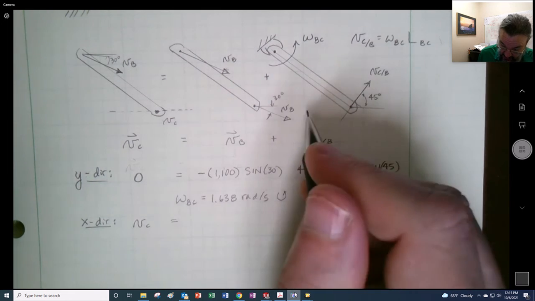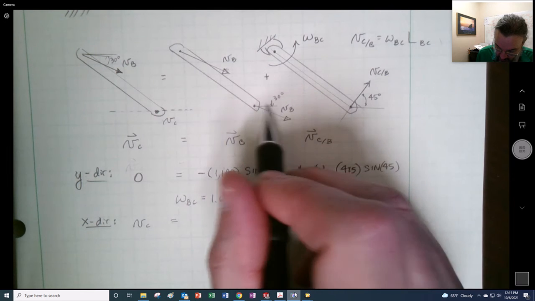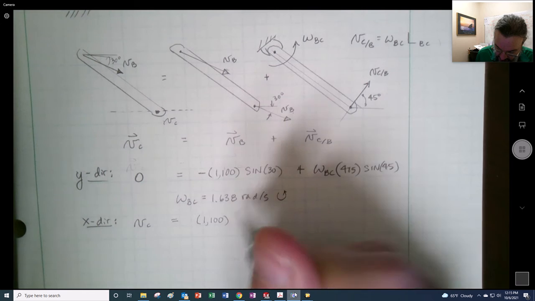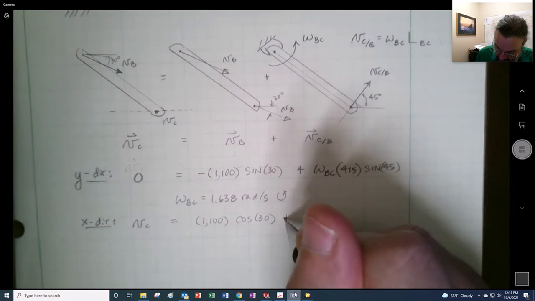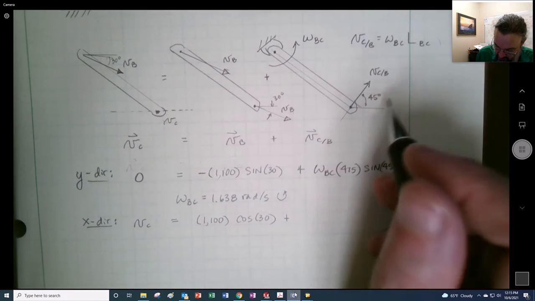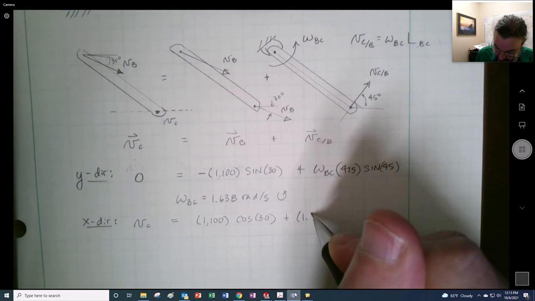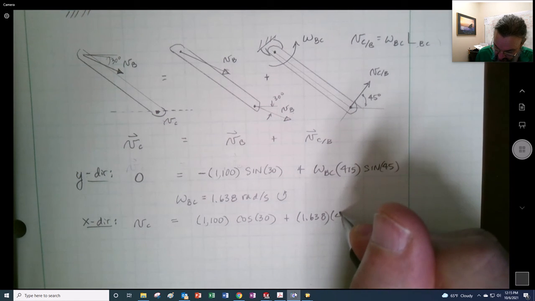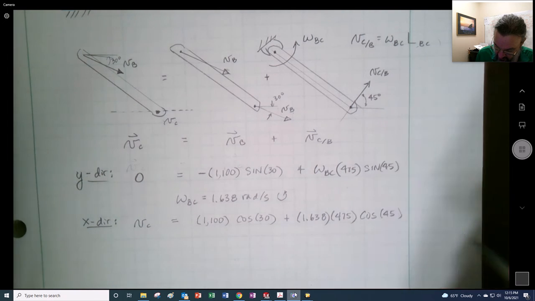It's going to be equal to the horizontal component of that, which is going to be positive 1,100 times the cosine of 30, and then plus, because we got this correct so it is going this way, omega BC times LBC, so we know omega BC is 1.638, and we know that this is 475, and now we want the cosine of 45.